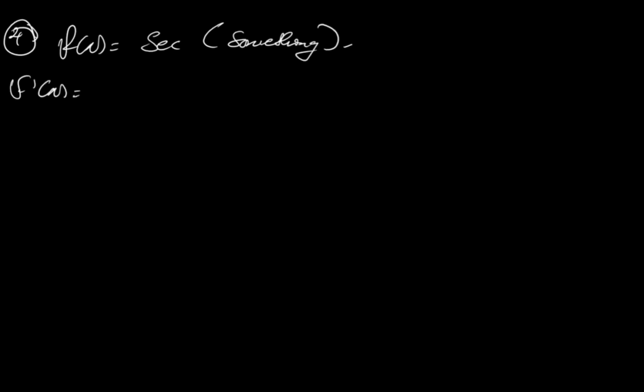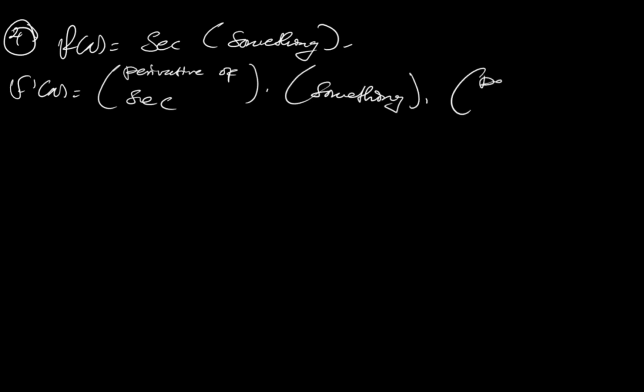This one is a bit different. Say you have f of x equal to sec of something. So the derivative will be f prime of x equal to the derivative of sec times something times the derivative of something. Now, be mindful of this.